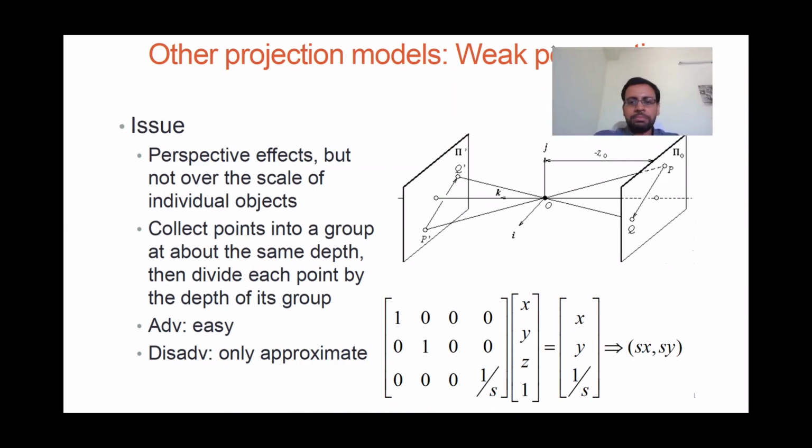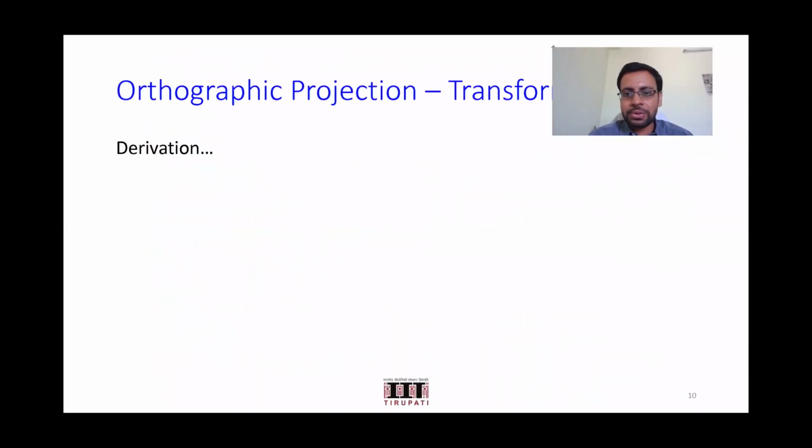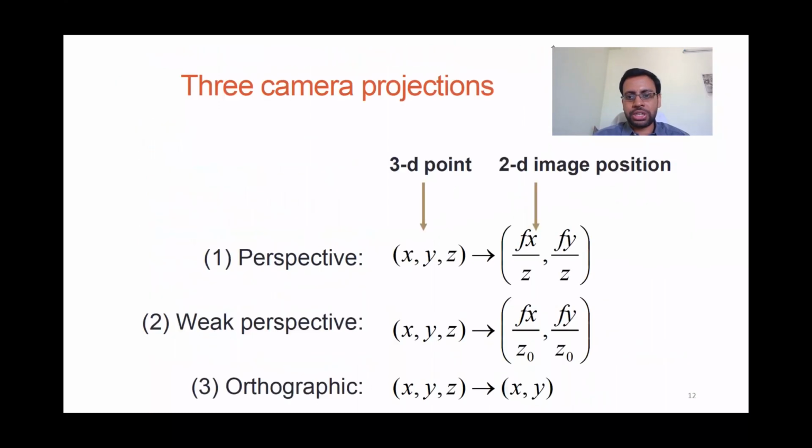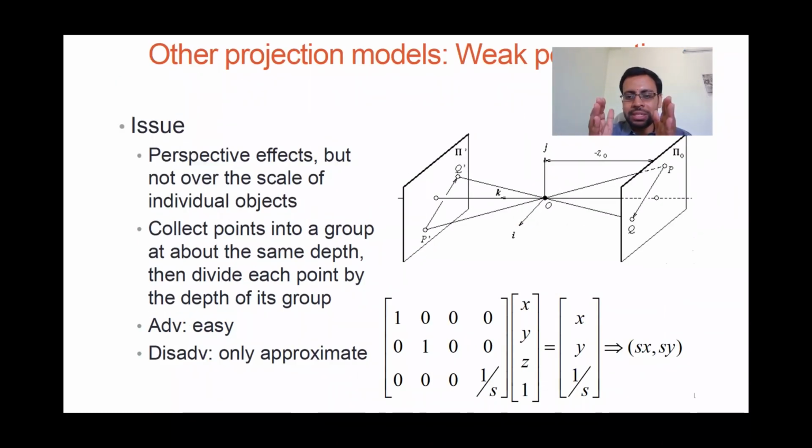There is something else called weak perspective projection. What it means is, see, you have a camera. From that camera, your object is at a certain distance. Suppose, compared to your distance to the object, the variations within that object are smaller.